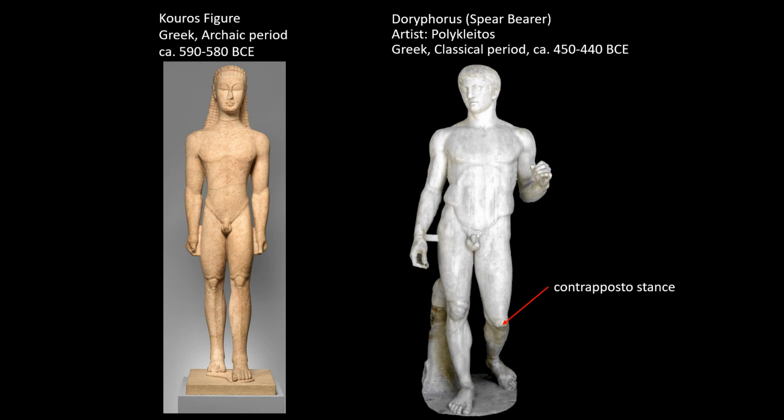Now, in contrast, we can see that the body of Doryphoros is positioned so that the hips angle slightly, allowing the torso to subtly shift. Along these lines, people don't stand stiff with arms and legs locked, like the more formal, rigid pose we see with the Kouros figure.